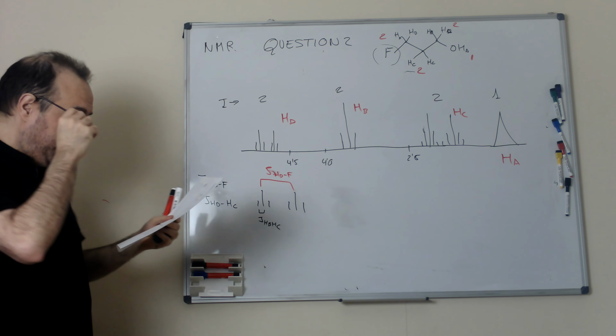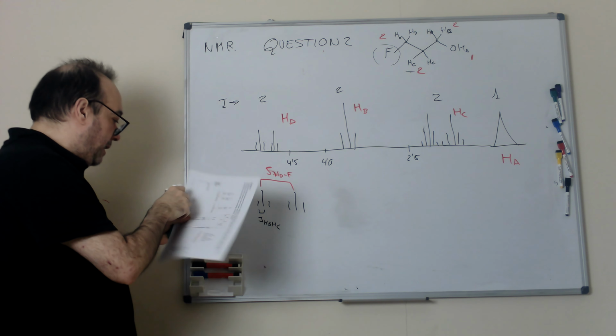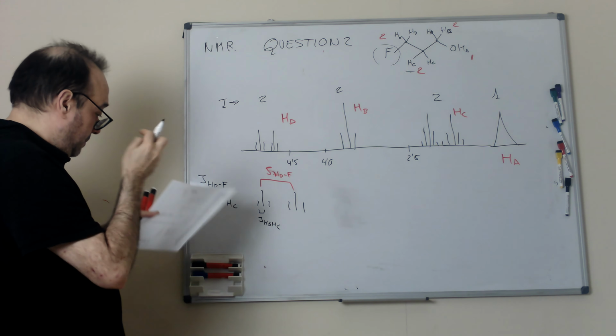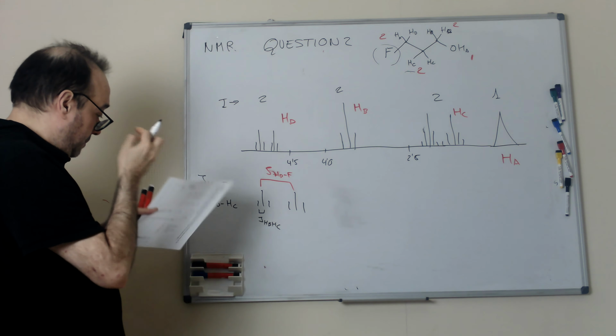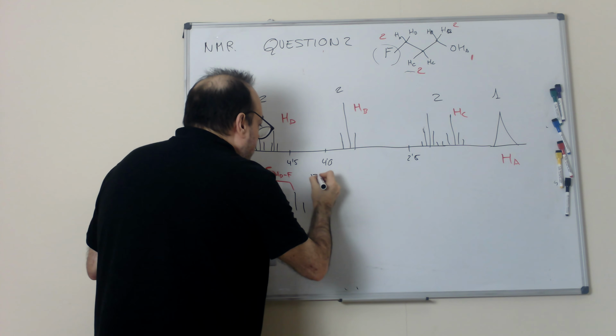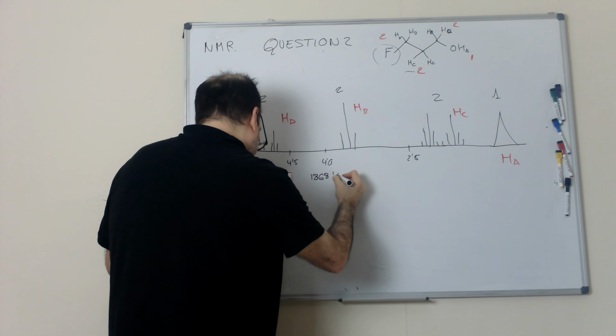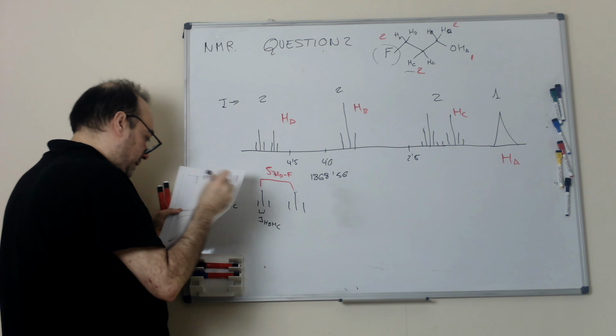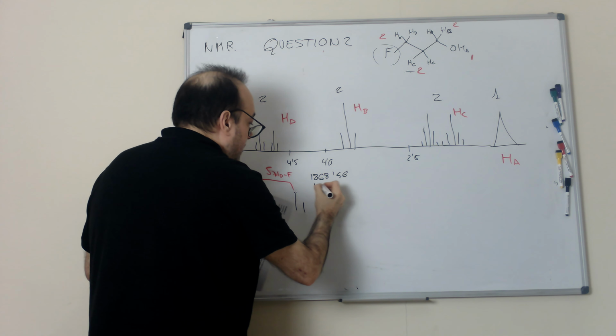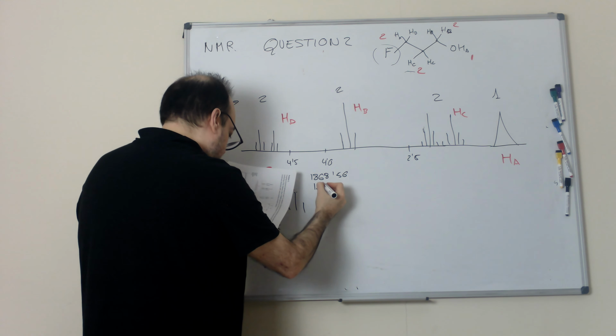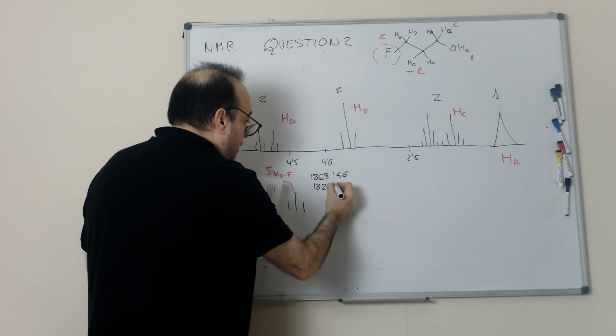Then if we do the numbers, the first peak is 1,908.66, and this signal, the major peak of the triplet, is 1,821.39.